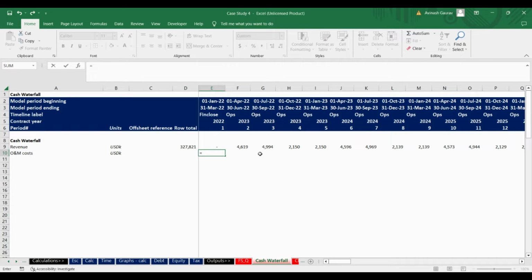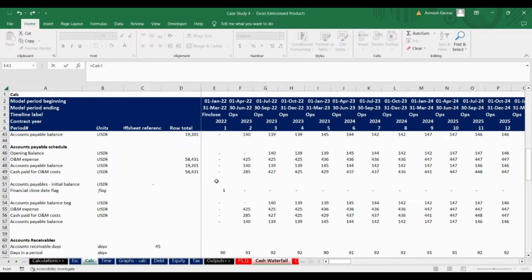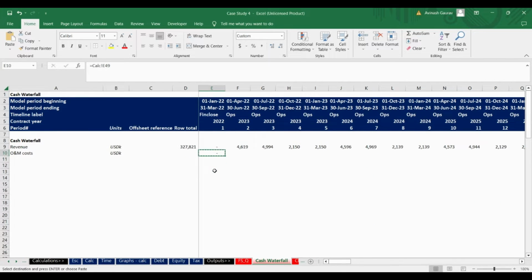Now, I can link this O&M costs with the costs that I have calculated for O&M. Okay, so here you can see the cash which I am paying for O&M costs. Correct, guys? Okay, and this is the cash which I had paid for my O&M costs.